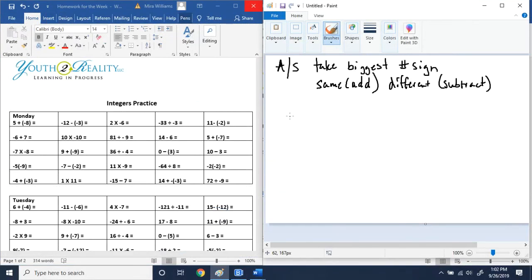Okay? So this means that the signs are different. Take the sign of the biggest number, it goes in your answer. Subtract the two numbers. If the signs are the same, take the sign of the biggest number, and add the two numbers.